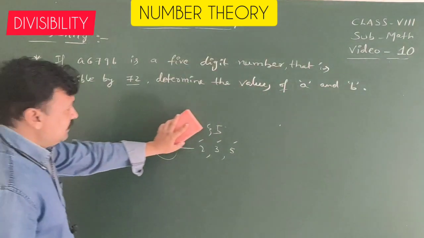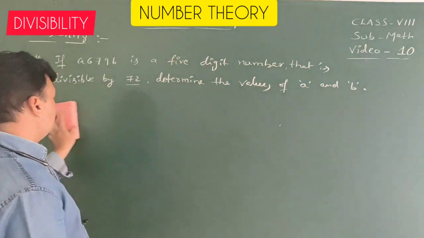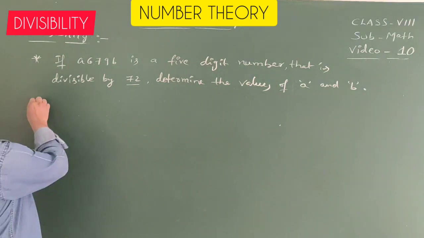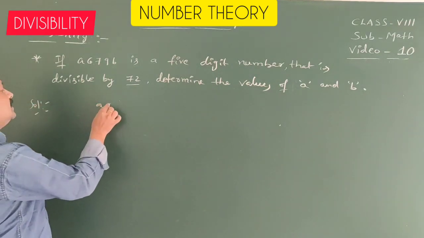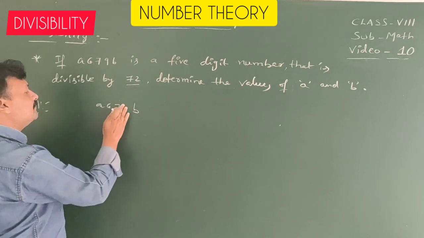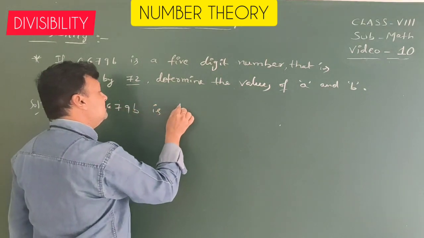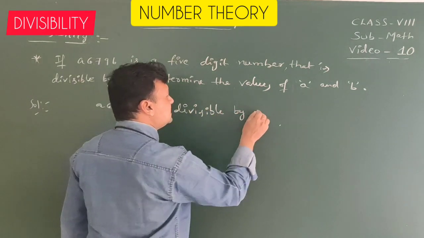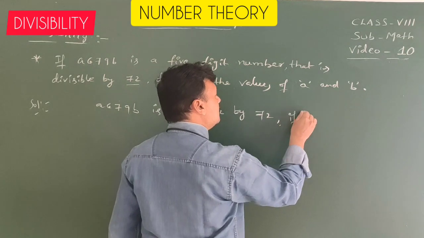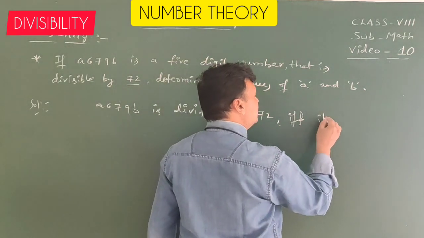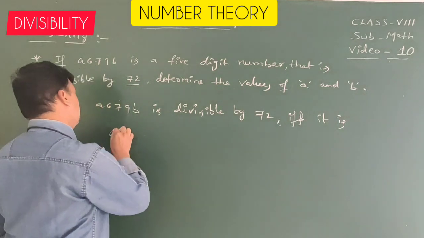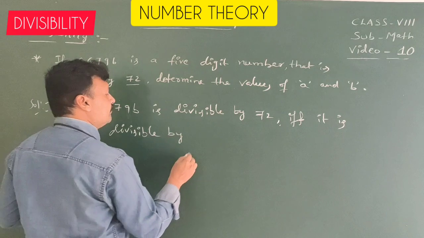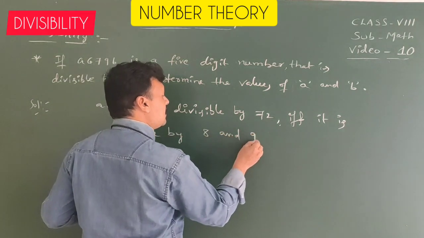For the given problem, they asked about 72. Now A679B is divisible by 72 if and only if it is divisible by 8 and 9.